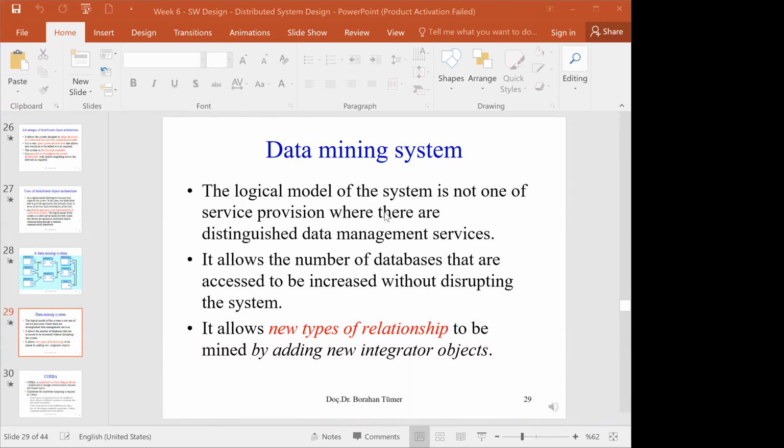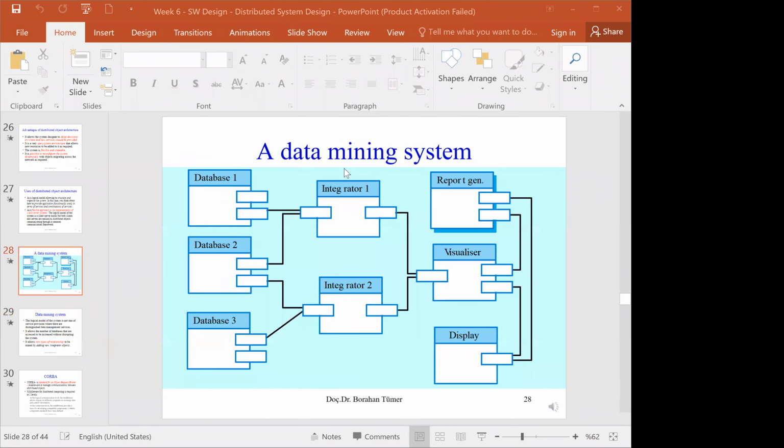Well, the logical model in the data mining system is one of service provision where there are distinguished data management services. It allows the number of databases that are accessed to be increased without disrupting the system. It allows new types of relationship to be mined by adding new integrator objects. So in this system, you can add another integrator object easily.